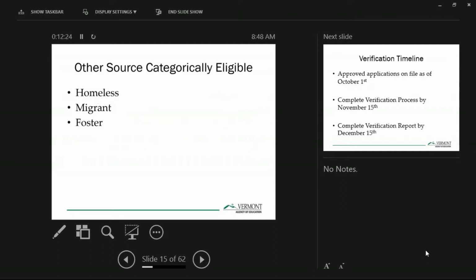As well as if you get the homeless, migrant, or foster designation from a homeless liaison in your SFA, or from the migrant coordinator at AOE, or from our liaison here with DCF, or from a court foster body, that is also directly certifying, because there's no higher proof that you would get than that.